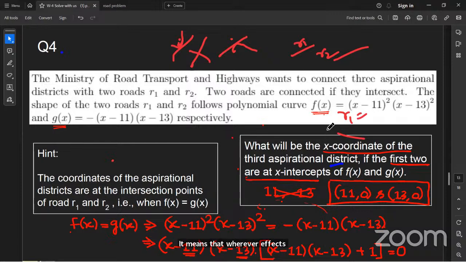So you need to find the intersection point of f(x), g(x), and the x-axis. So what will be your intersection point? 11 and 13 on the x-axis, because the roots of f(x) and g(x) are 11 and 13 only.